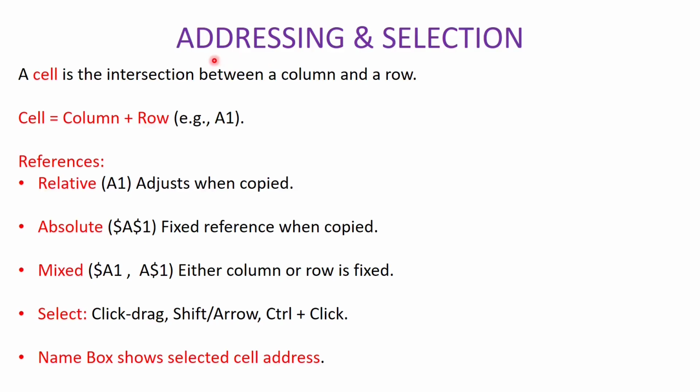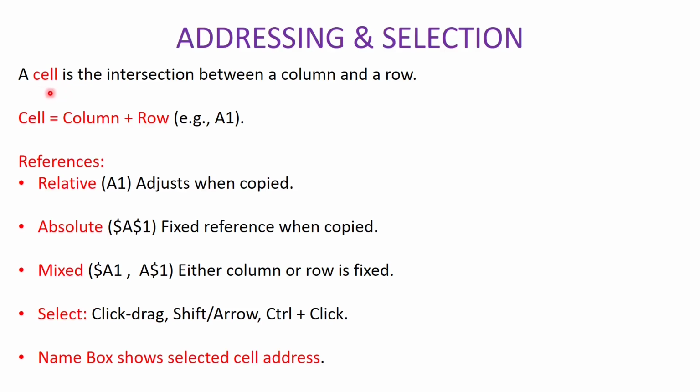And next, we will see addressing and selection in Excel. Understanding how to select and reference cells in Excel is crucial for using formulas and navigating in a worksheet. First, what does a cell mean?